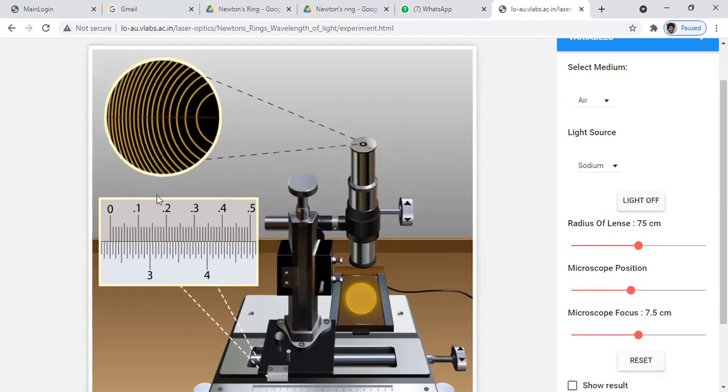I have focused on the fifth ring here. Take MSR and CVD. Okay, is it clear? You have to take MSR and CVD at this point. MSR is something here, 2.4, 2.3 here.